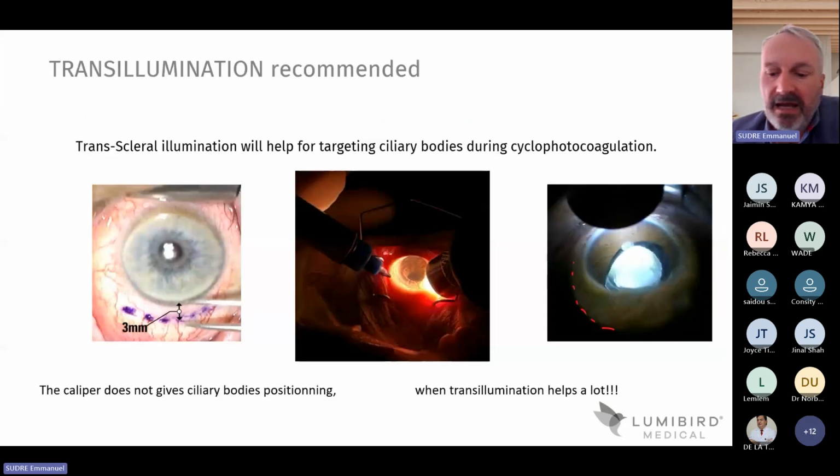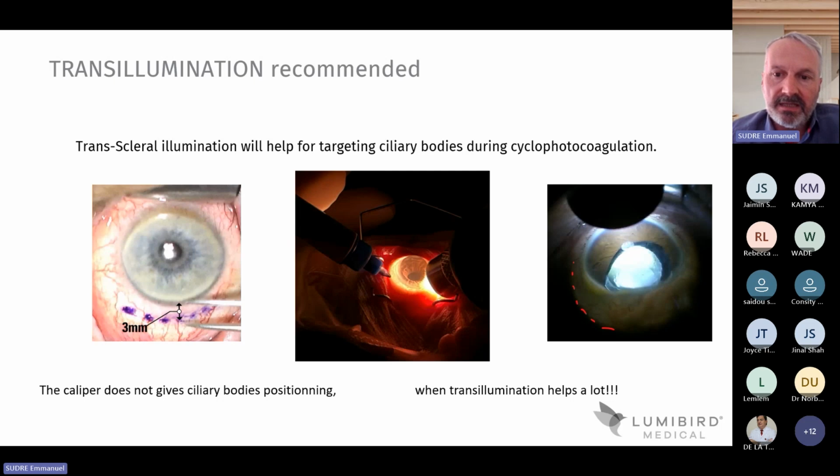So my advice for this technique, you notice that we have to put some blue dots at 3 millimeters from the limbus. It is the conventional technique, but newly we introduced the fact that it's better to do transillumination, because the transillumination helps a lot, and then we can notice where exactly the ciliary body is.